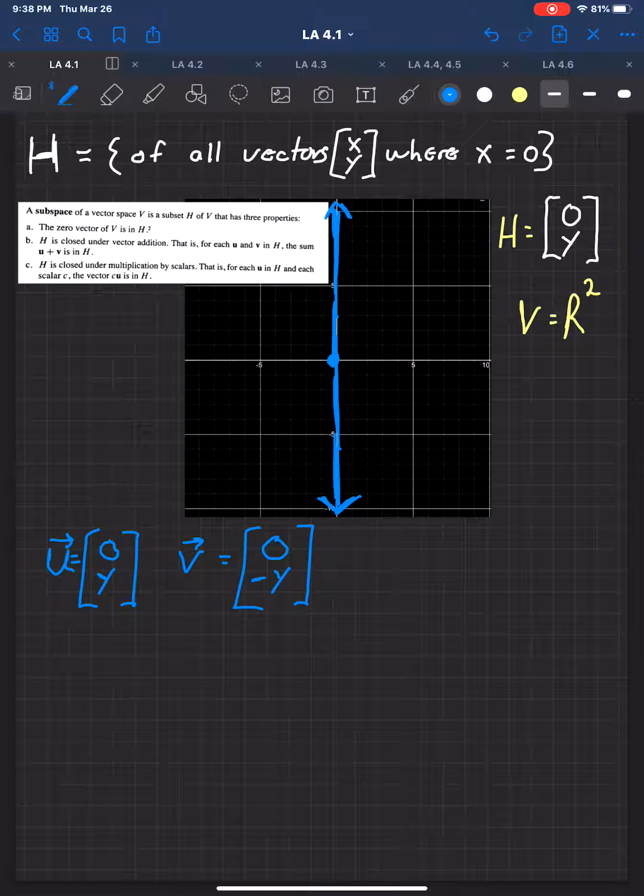So now let's think about some possible scenarios that could come out of this. What would happen if I chose, so we're going to look at u plus v, we'll look at a couple different scenarios here.